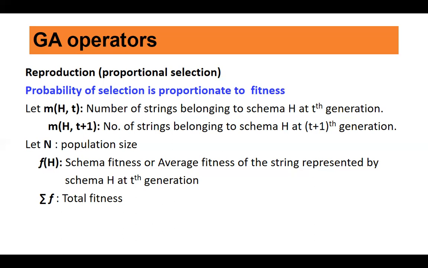So we can find the fitness value of all the 5 strings which follow a particular schema. We add the fitness values and divide by 5, so that we get the average fitness of the strings which follow the schema H. So the summation of f is nothing but the total fitness.